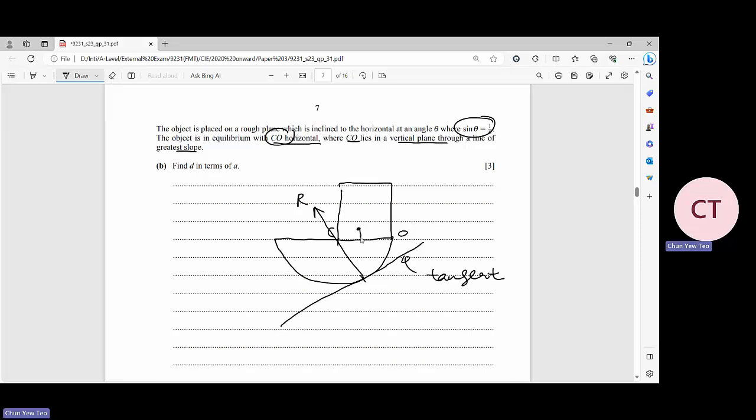Okay, so the center of the mass must pass through exactly the contact point because you have only one contact point. The contact surface has only one point only.